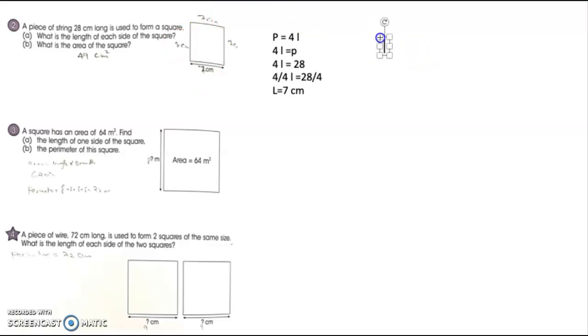Now that's the A part. Now B part. What is the area of the square? So you know the formula of area. You must know by heart this formula for the area of a square. Now we don't know the area, but we know the length. One side is 7, so 7 times 7. 7 times 7 is how much? 49, right?